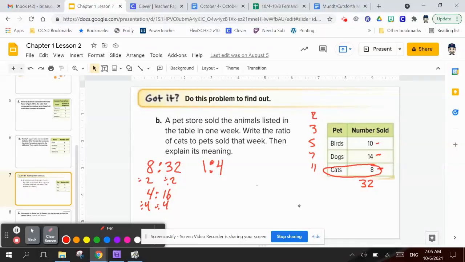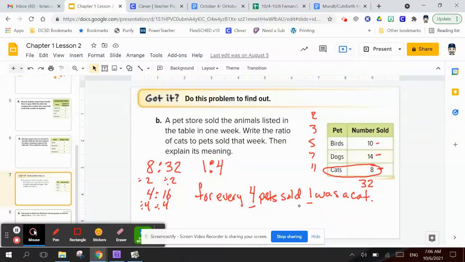So what is the meaning then? Well, for every 4 pets sold, 1 was a cat. So see, there's our ratio: 1 cat for every 4 pets.